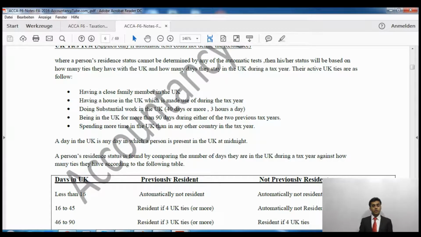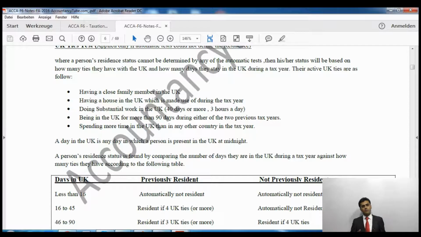Now say for example, I've given you an example of myself, if I spend 100 days in a tax year, then will I be UK resident or not? In that case, I will have to see how many connections, how many ties I have with the UK. Now ties simply means connection.